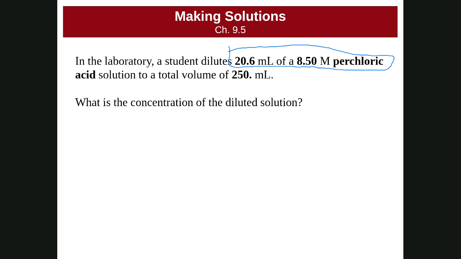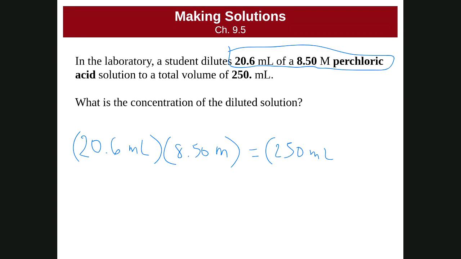We take a small amount of it, so we take 20.6 milliliters of our concentrated solution, which is 8.5 molar, and we dilute it to 250 milliliters. So we want to find our final concentration.